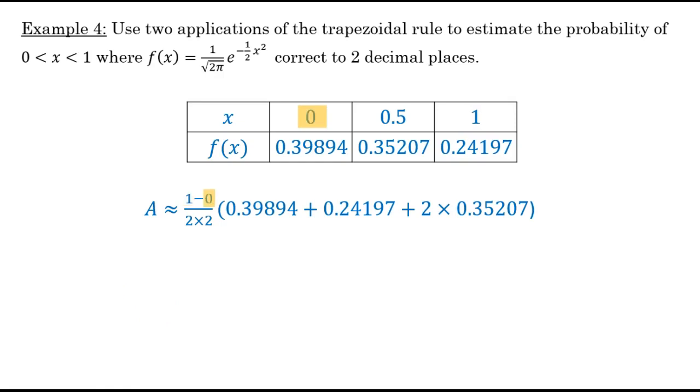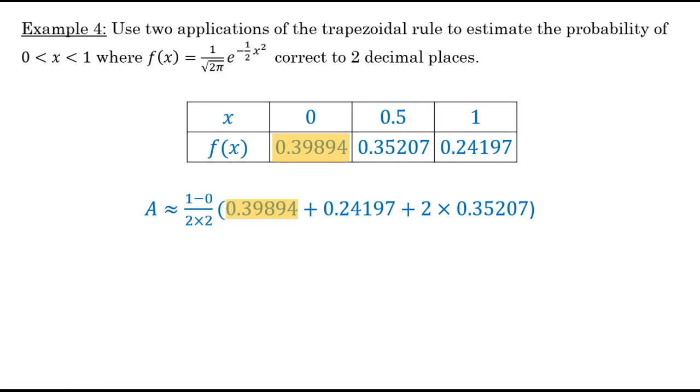The total width of that is 1 unit, 1 minus 0, and I divide that by 2n, or twice the number of applications, or the number of strips. So 2 strips here, from 0 to 0.5 and 0.5 to 1. So that's 1 minus 0 over 2 times 2.